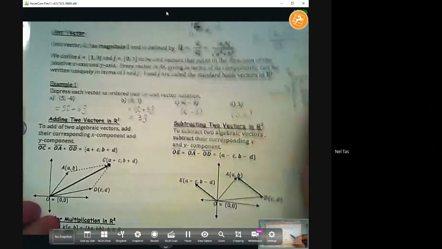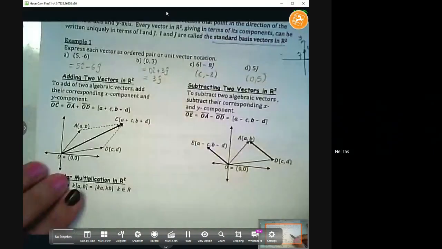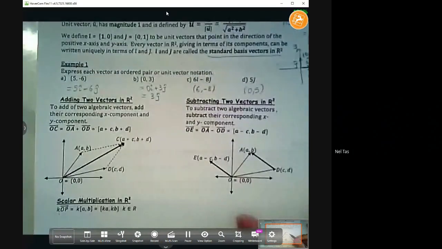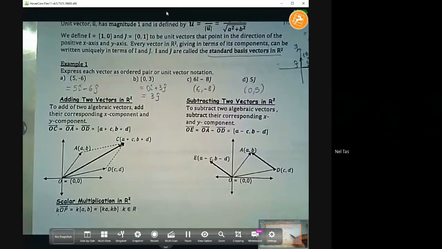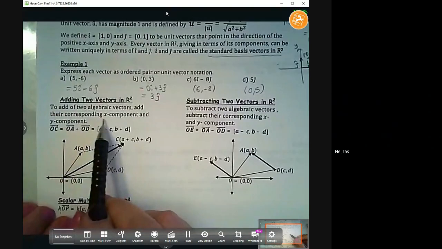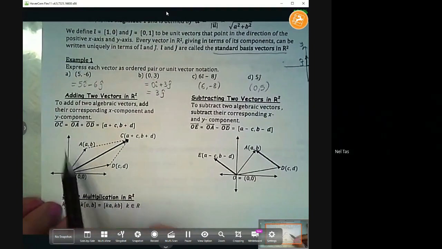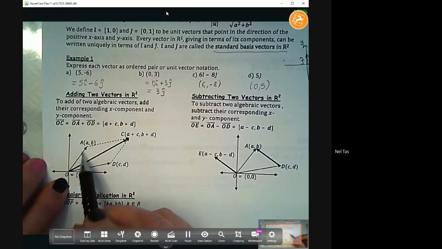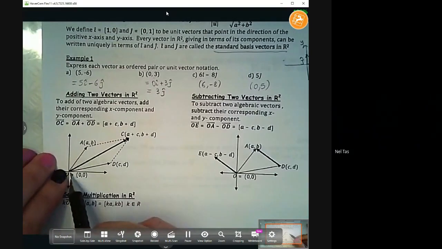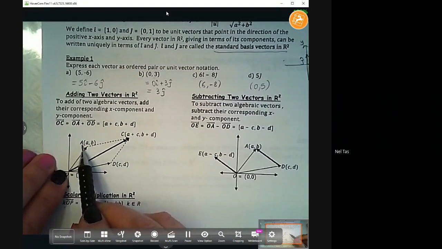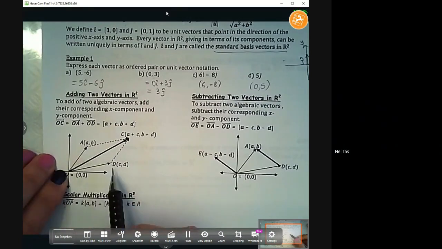So, adding two vectors in R2: to add two algebraic vectors, add their corresponding x components and y components. Let's say we have OA vector and OD vector. The coordinates of point A are a and b, and the coordinates of point D are c and d.